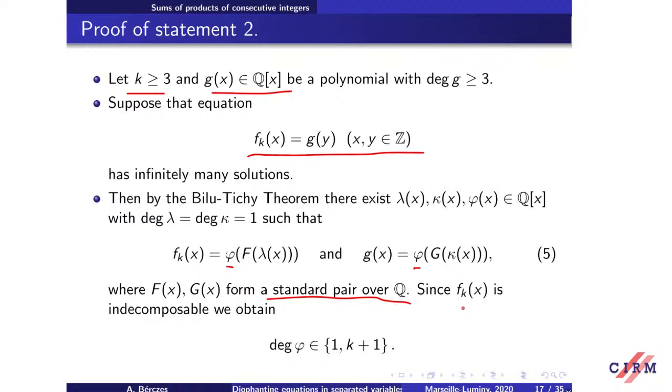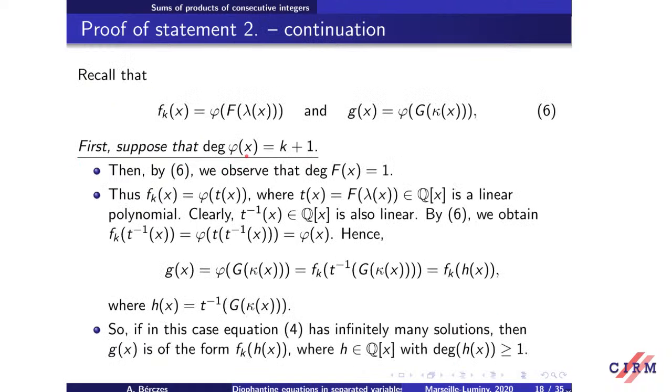Now, we have proved a few slides before that f_k of x is indecomposable. So that means that the degree of this phi is either 1 or it is k plus 1. If it's 1, then of course f must be of degree k plus 1. Otherwise, f will be linear. So let us see the two cases. We will address first the case when the degree of phi of x equals k plus 1.